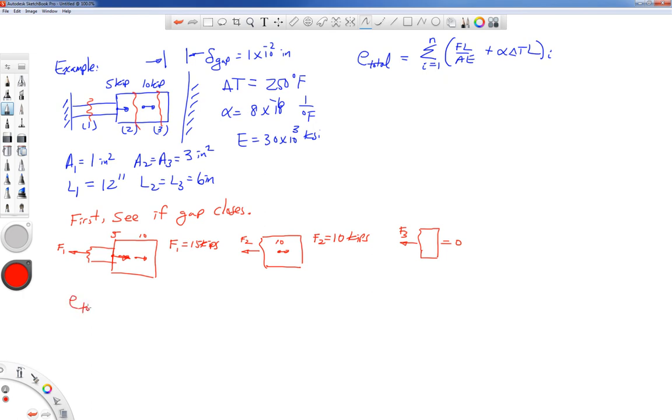So the total deformation is going to be equal to, let's see, F1 L1 over A1 and E. E is the same. Got everything now in pounds and inches. Plus alpha delta T L. Now the same thing for section 2.